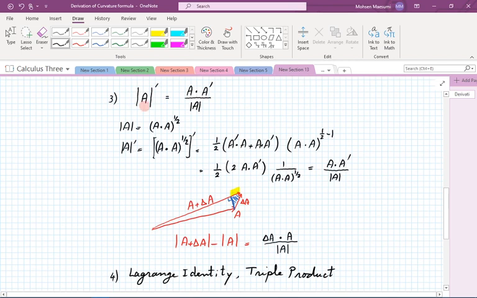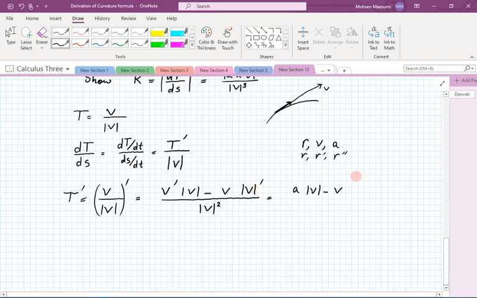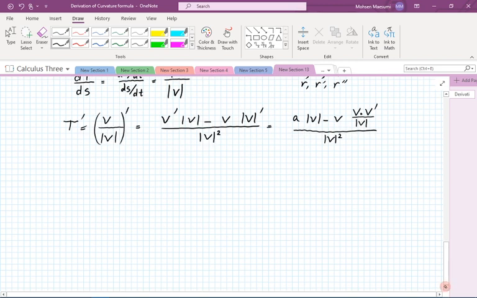Derivative of absolute value of vector, that is what we derived over there, and now we are going to make use of it. So this is going to be v prime over v. Now we have to take this and divide it by absolute value of v squared.